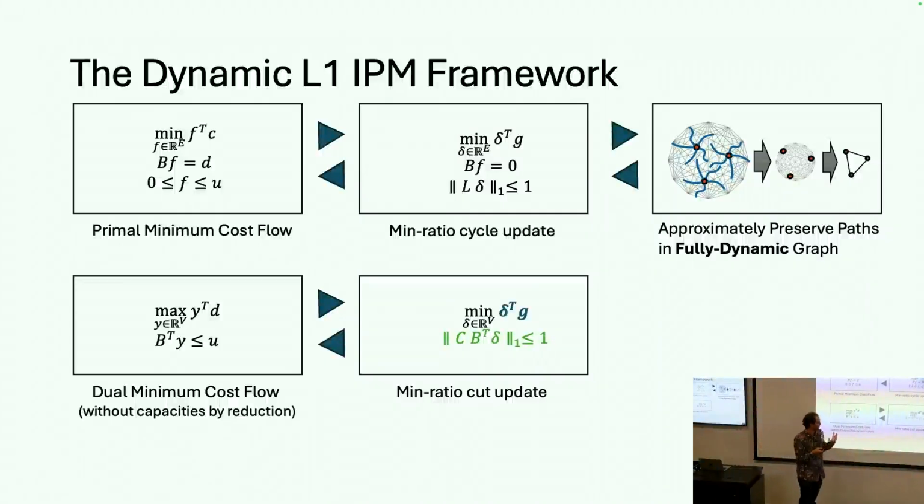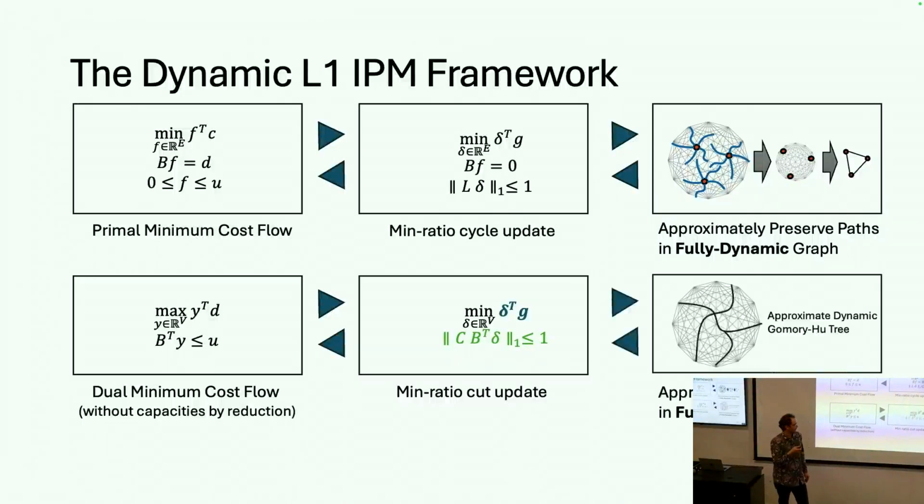Then there's another update, but the update is not going to be an augmenting path, but sort of an augmenting cut. I'm going to talk about this in more detail later. But there's, again, a nice combinatorial structure in the update, just that this time the update is going to be a cut. And finally, we will develop data structures that approximately preserve cuts, again in fully dynamic graphs, because just like before, the box changes in arbitrary ways.